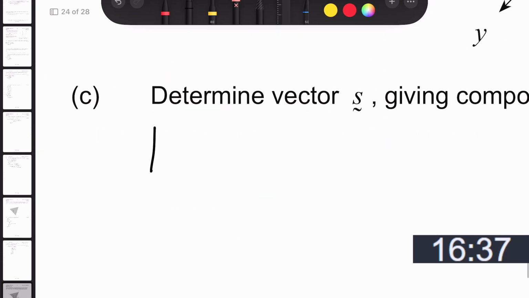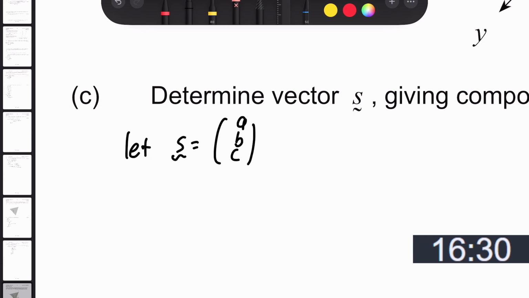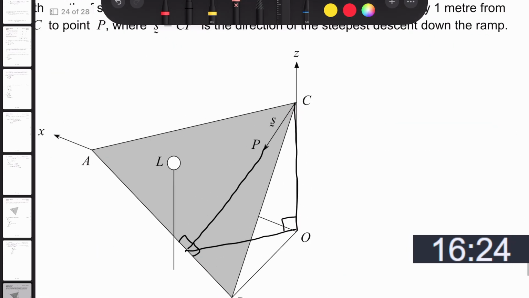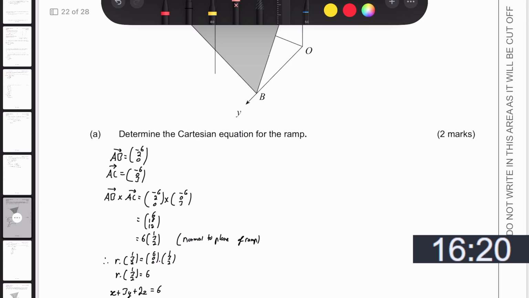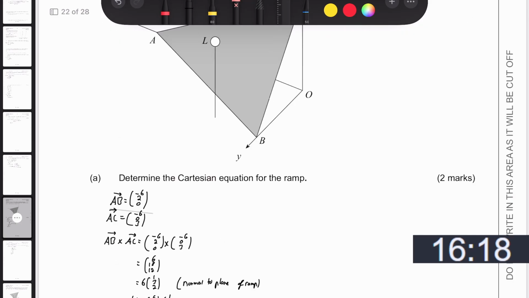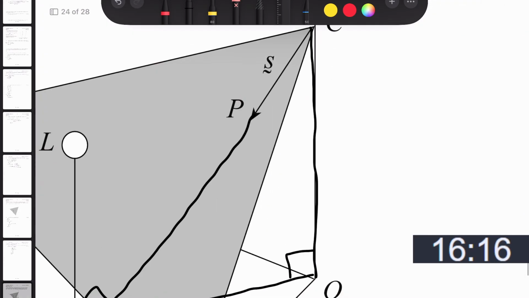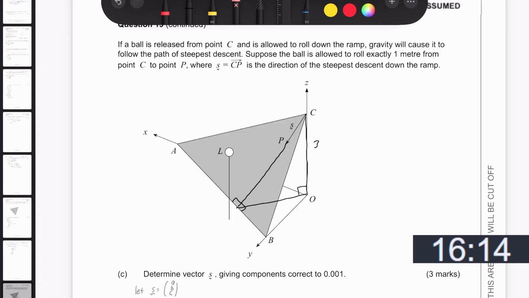So we have that the magnitude, so let S equal, say, (a, b, c). We have that the magnitude of (a, b, c) is going to equal 1. Now C was how far up? C was 3 up. So this length here is 3.